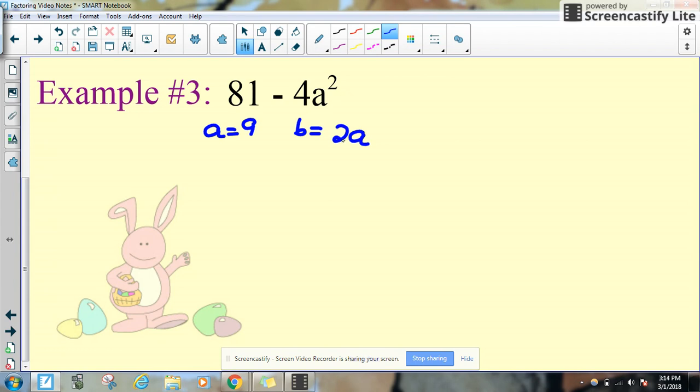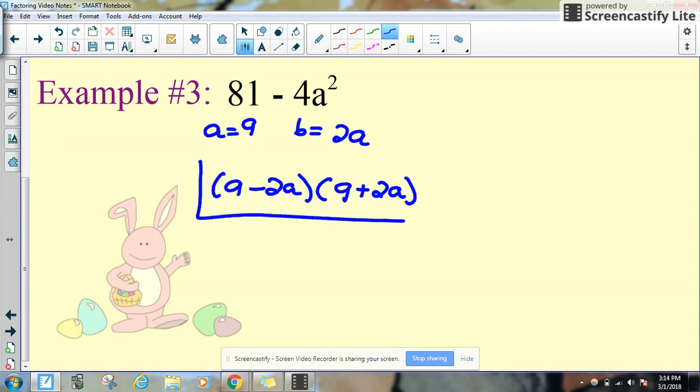So together, b would be 2a, because if I did 2a times 2a, I would get 4a squared. Then you use your formula. 9 minus 2a, and then 9 plus 2a. Or vice versa, you could have the plus sign over here and the minus sign over here. It doesn't really matter.